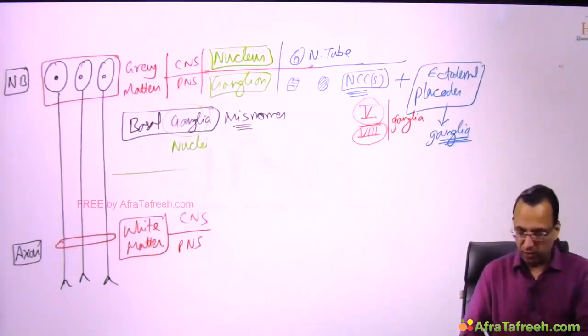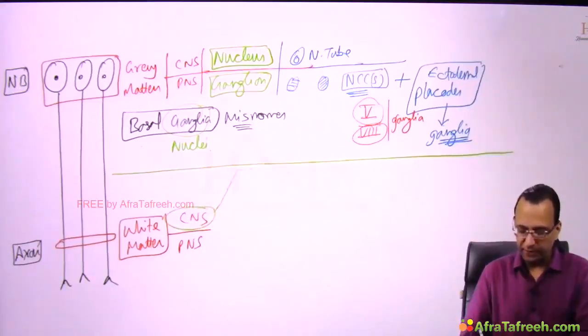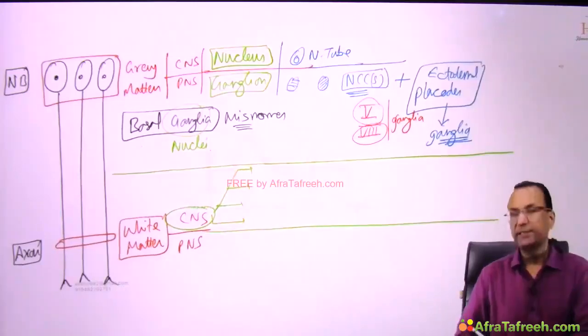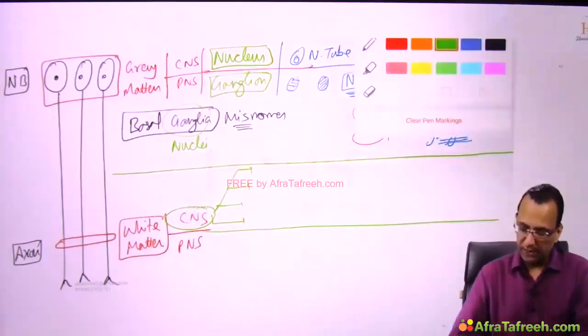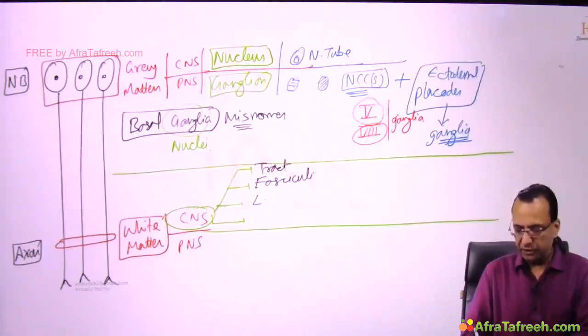If you are talking about the white matter in the CNS, there will be various names given. What are the various names given to the white matter in the CNS? It can be called a tract or fasciculi or lemnisci or capsule.